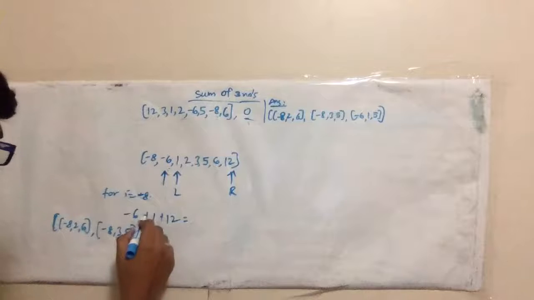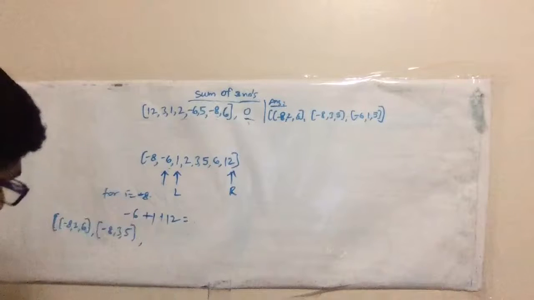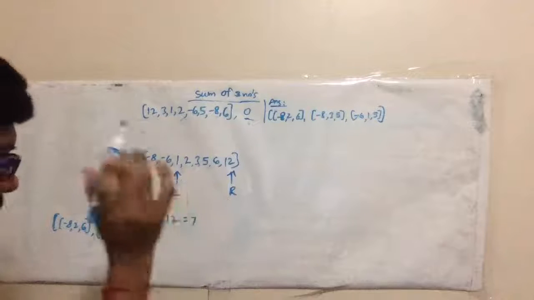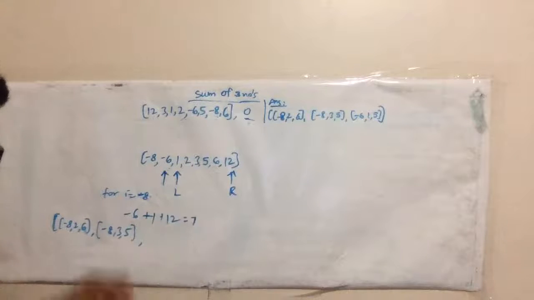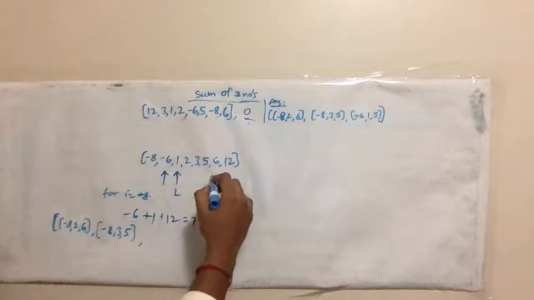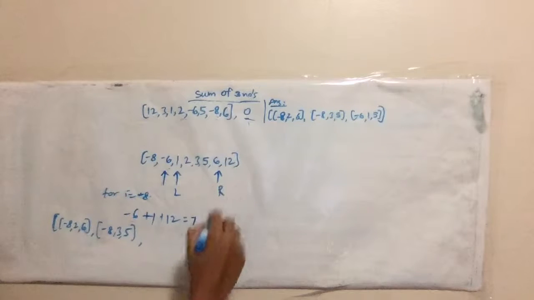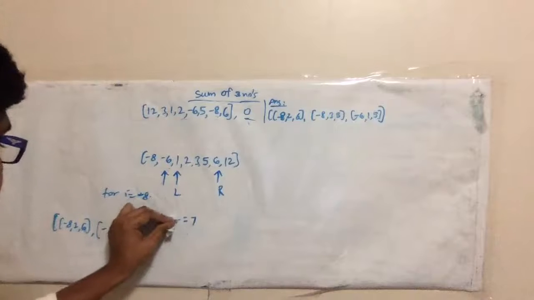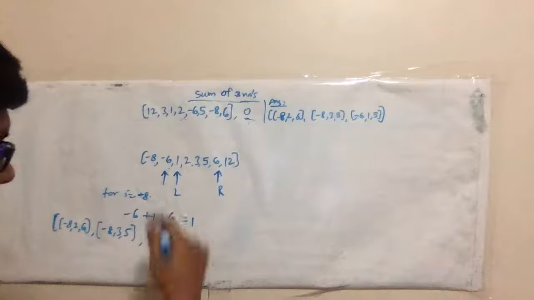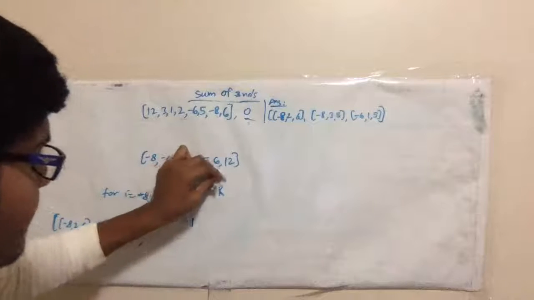So minus 6, 1, 12: minus 6 plus 13, it is making 7, which is more than 0. Okay, so you can reduce the right pointer. Now it is giving you a sum of 1. So still it needs to be reduced further.